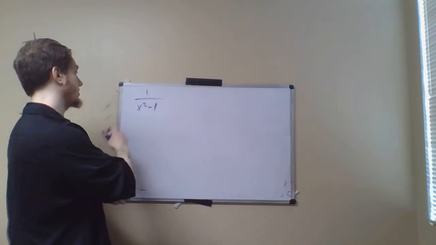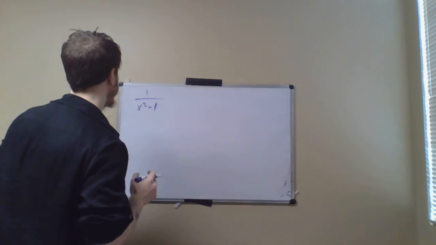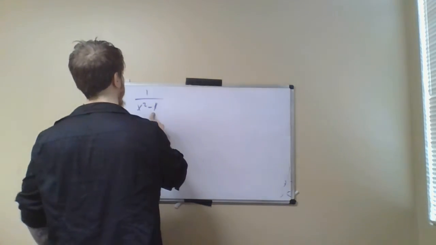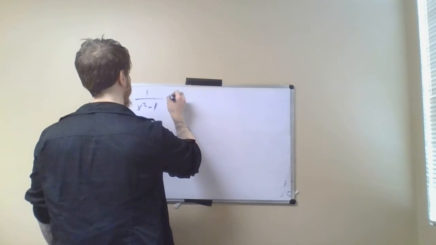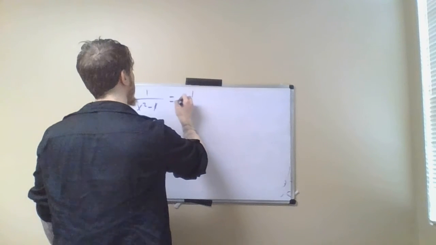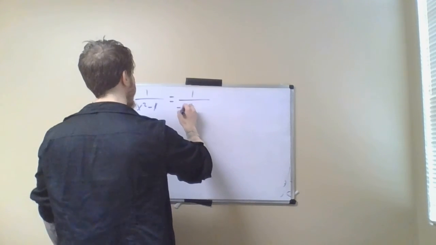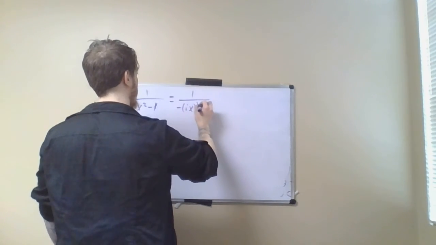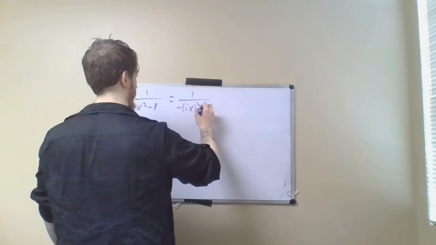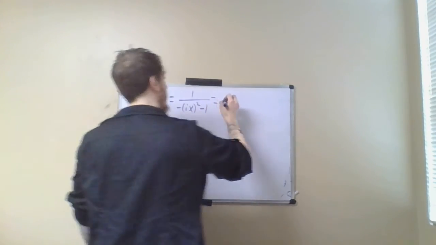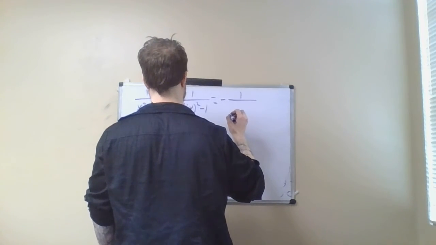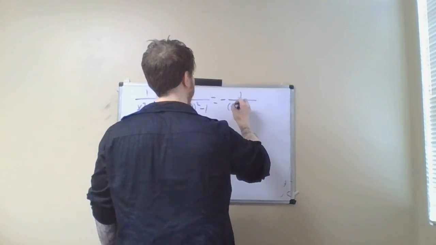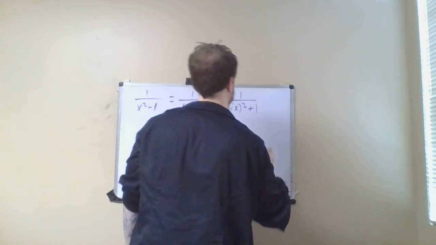Let's suppose that I wanted to try to rewrite this using arctangents. Well, here's what I could do. I could try to factor an i out of each of these things. This is actually 1 over negative i x squared minus 1. So this becomes negative 1 over i x squared plus 1.